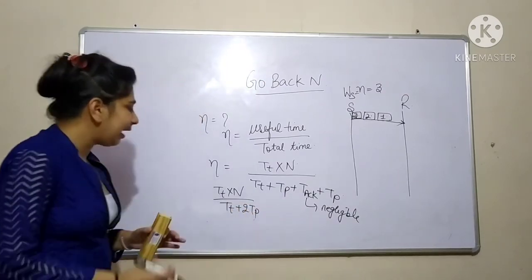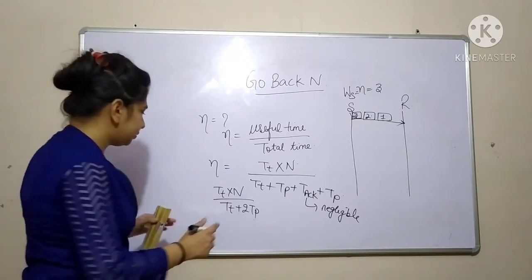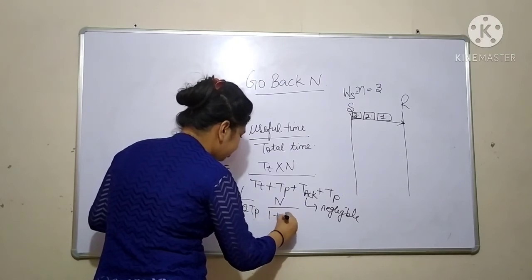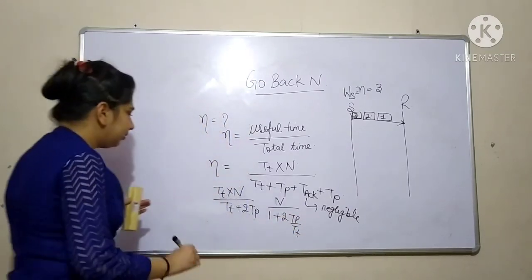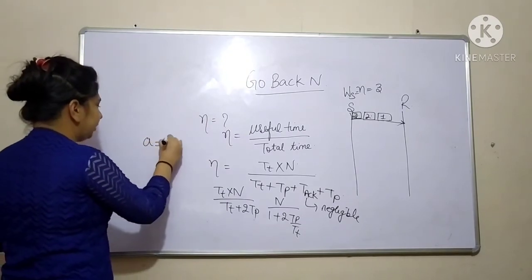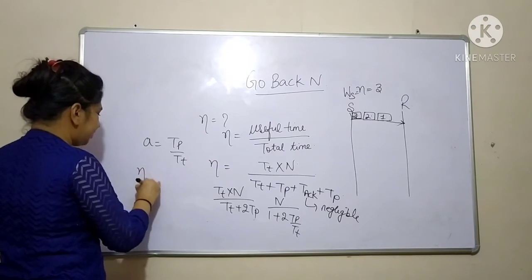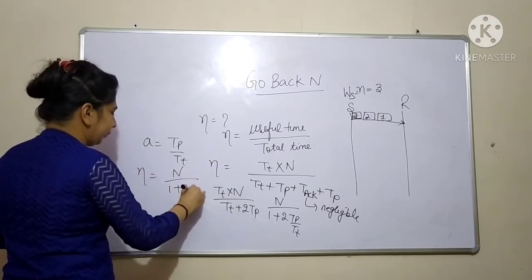What I am doing is dividing all values by TT. So n divided by 1 plus 2 TP by TT. Or you can say that A is equal to TP by TT and the efficiency is equal to n divided by 1 plus 2A.